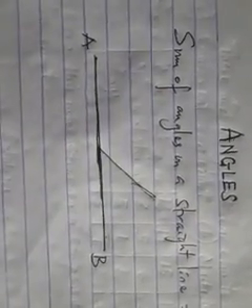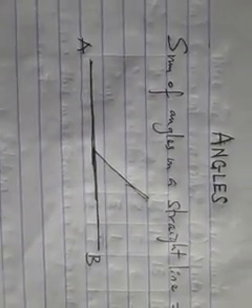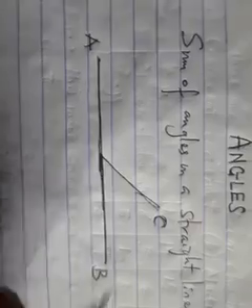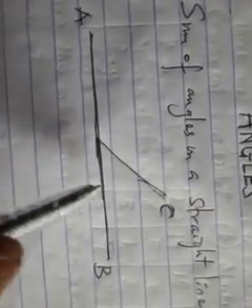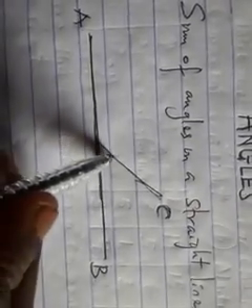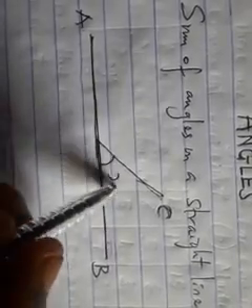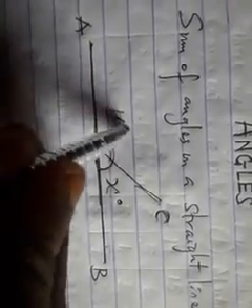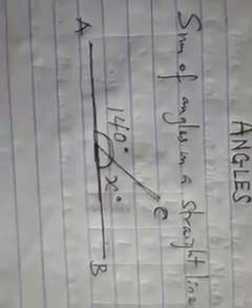you can see that now. I'm sharing the line into two, making this particular point C. And then I say this particular place is given as X degrees. This particular place is given as 140 degrees. And I say find X degrees.